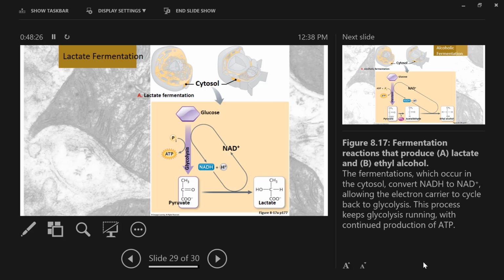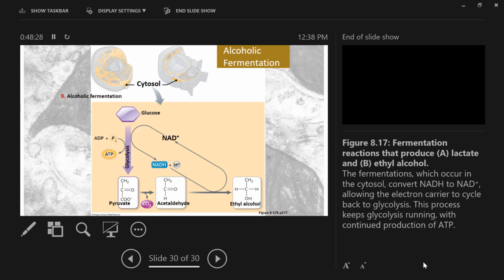And then here's alcohol fermentation. Again, the NADH made during glycolysis has to give its electrons to something. It gives its electrons not directly to pyruvate, because before pyruvate is converted into acetaldehyde, and then it gives its electrons to acetaldehyde to generate ethyl alcohol.